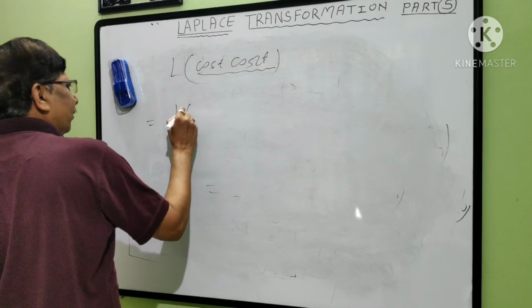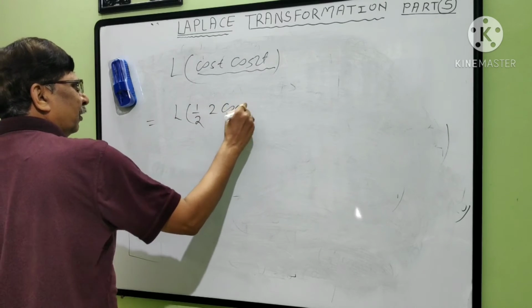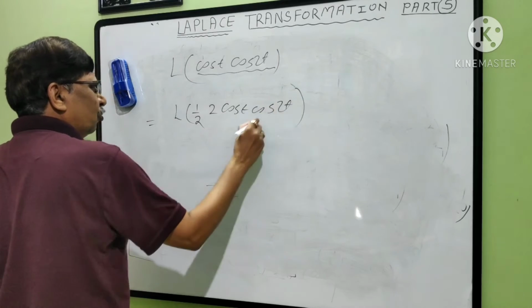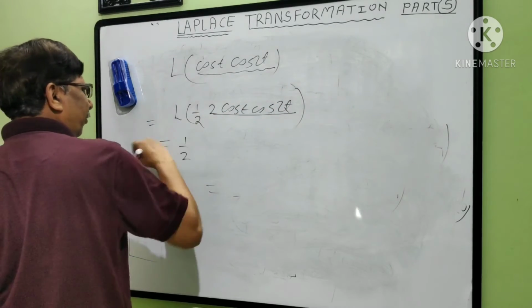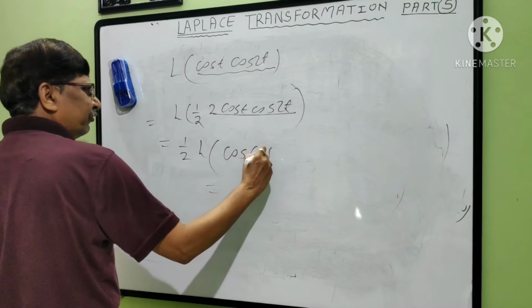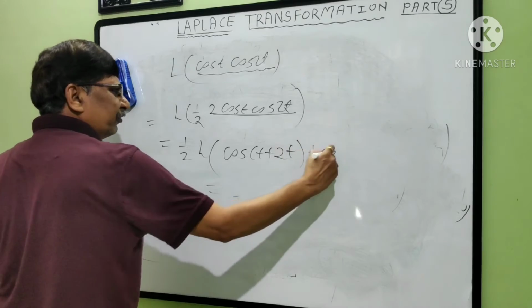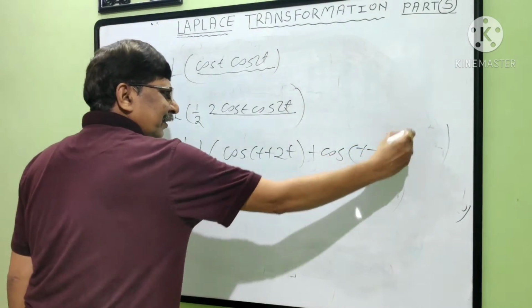For that I multiply by 2 and divide by 2, because there is a formula for 2 cos A cos B. Take the half outside. Now 2 cos A cos B, cos of A plus B is cos of t plus 2t plus cos of t minus 2t, or 2t minus t, same.